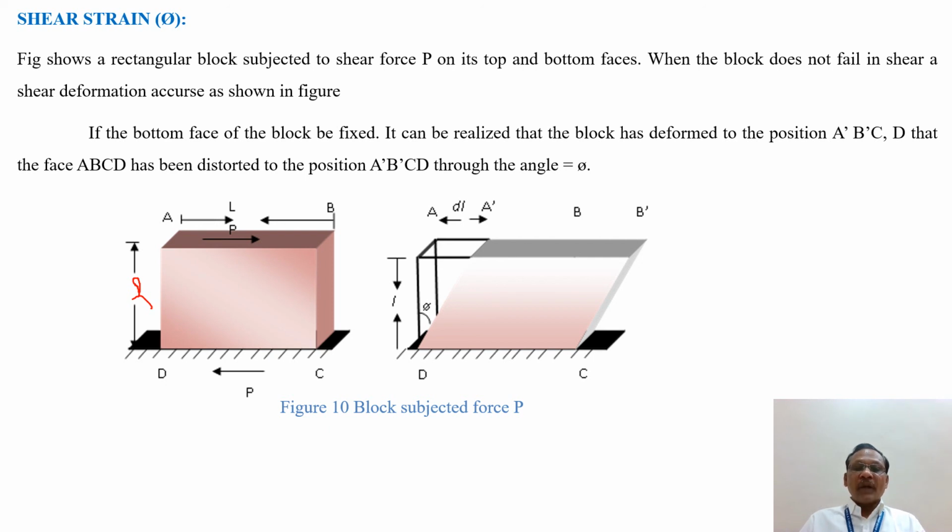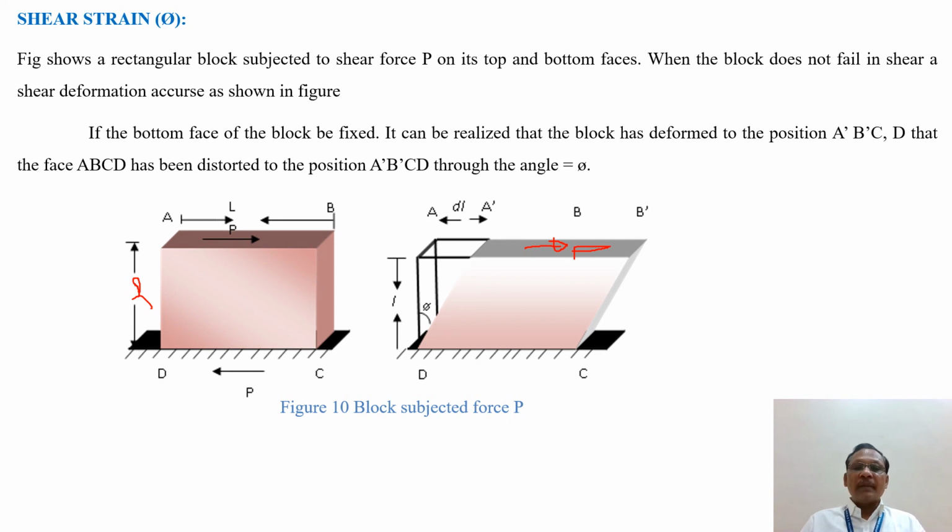Now see here what happens. The A is going to be shifted to the point A dash, correct? Then B is going to be shifted to B dash. So there is a deformation of the top layer with amount delta L. So at the top layer a P force is applied, and due to that P force there is a lateral deformation.